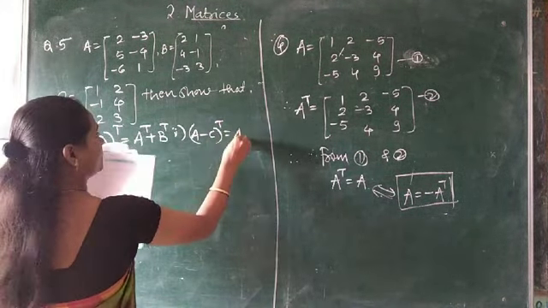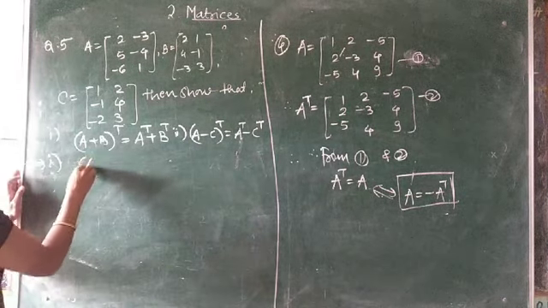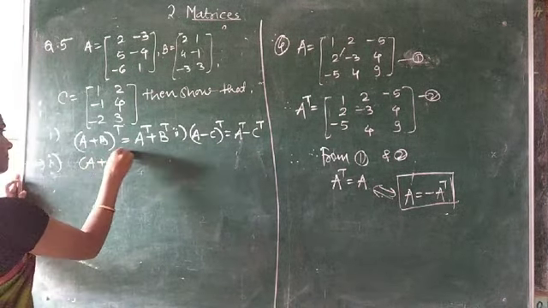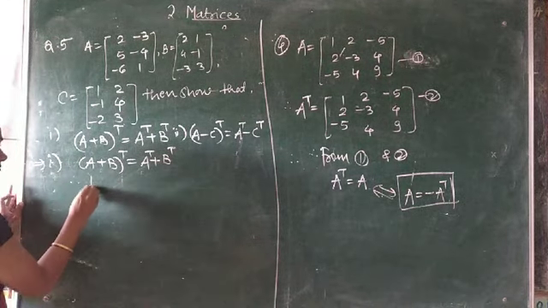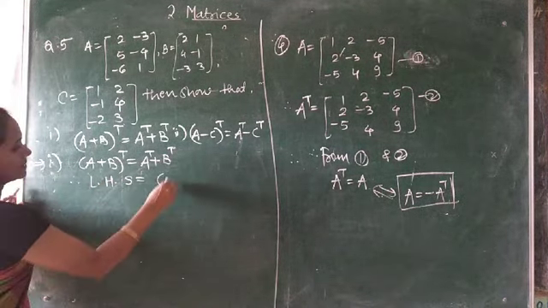So here we solve the first example, question 1, that is (A plus B) transpose is equal to A transpose plus B transpose, and first we solve our LHS. What is the LHS? (A plus B) transpose.